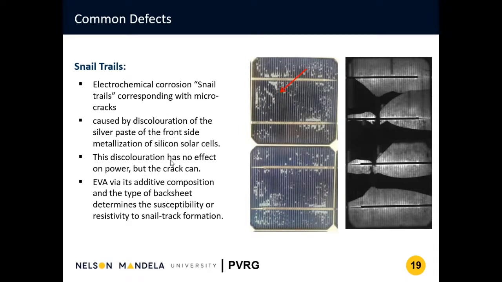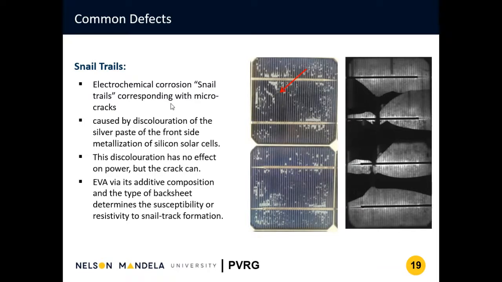These white marks here are a degradation in the anti-reflective coating. The snail trail normally corresponds with a microcrack that can be detected in an EL image, so the discoloration gives you an indication that microcracks are present.